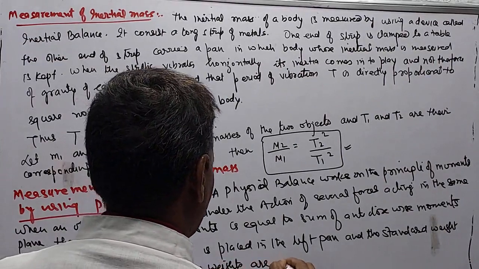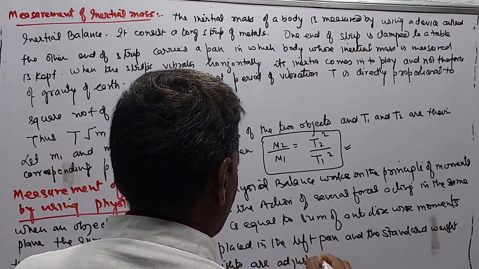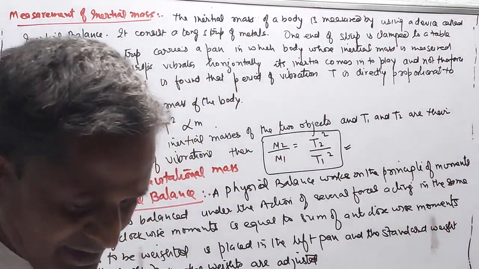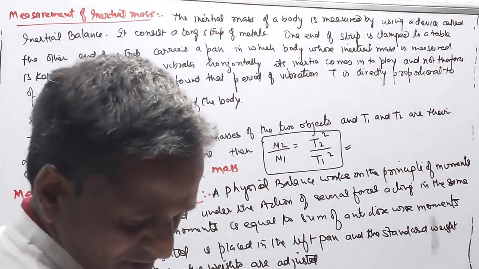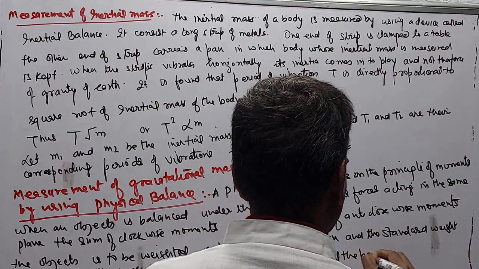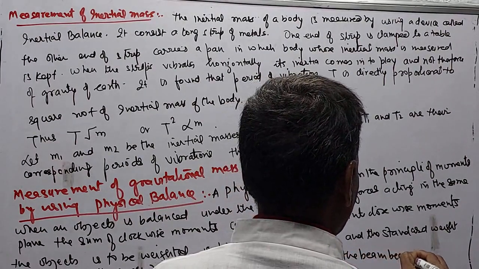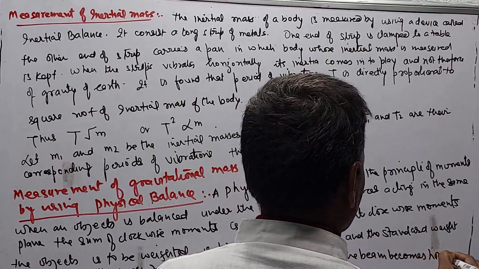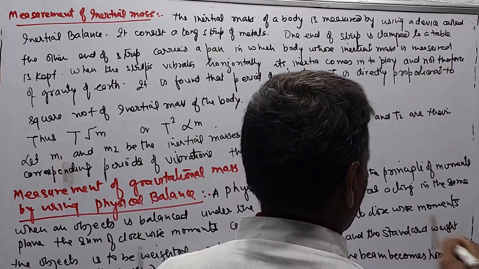The weights are adjusted till the beam becomes horizontal.